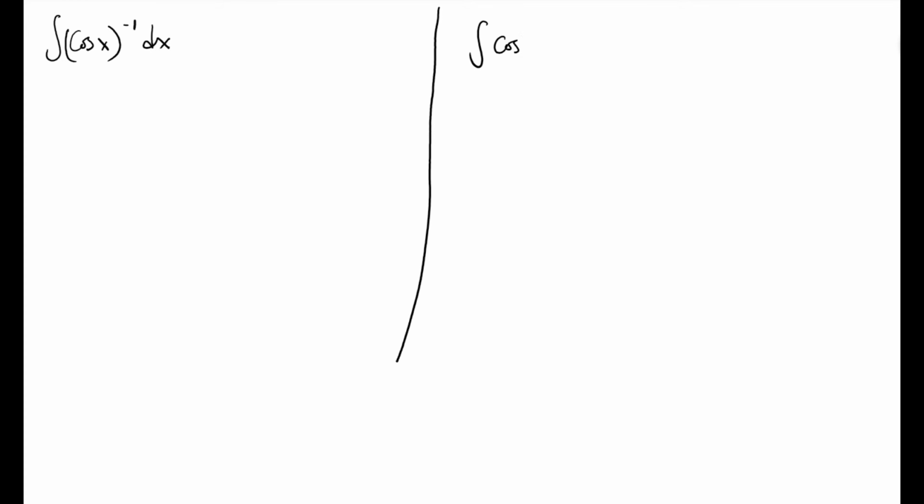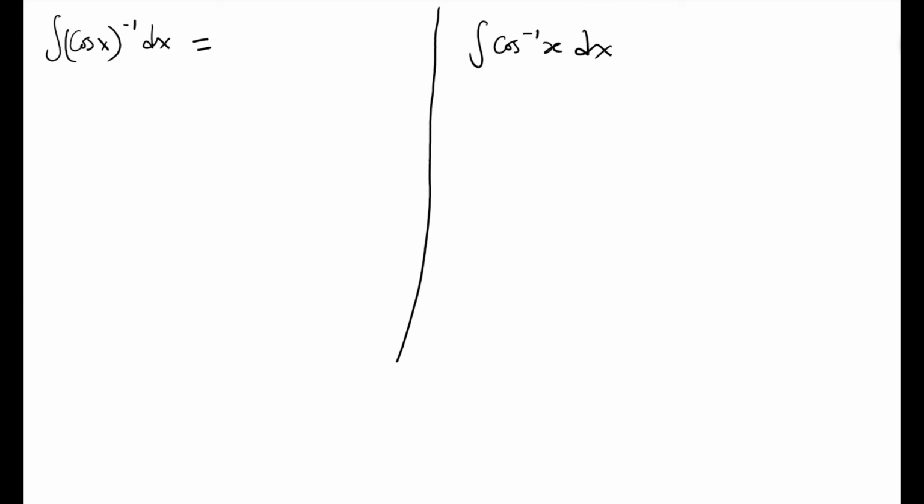Okay, so the first thing that I want to do is differentiate between these two integrals. Integral of cos of x to the power -1 dx is not the same as integral of arccos of x dx. In as much as these two look almost the same, they are different.